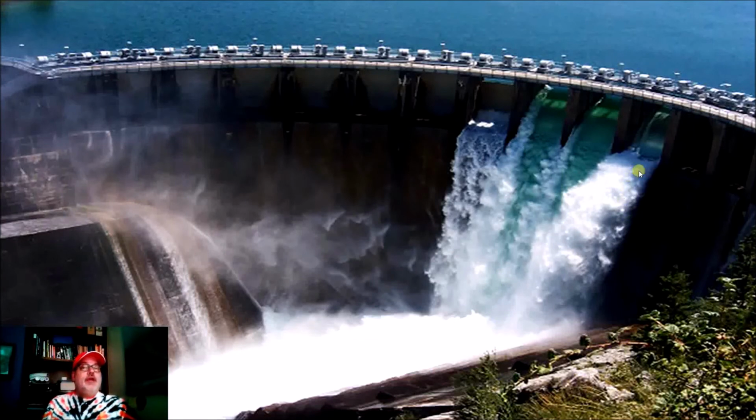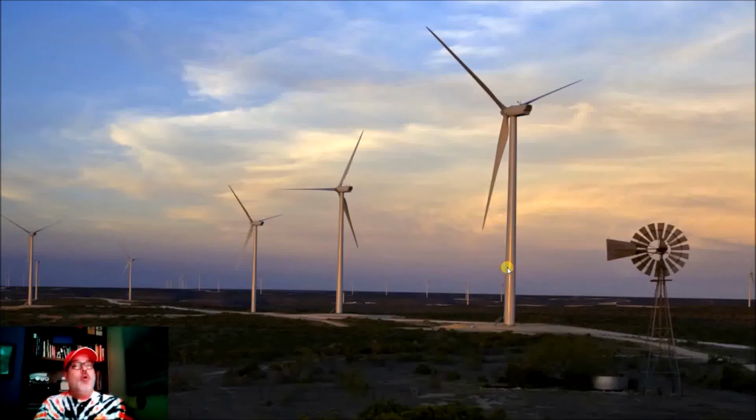Or we could build a big lake and then have the water flow down, turn a turbine, which turns magnets and wires past each other, which generates electricity. Or we could have wind turn a turbine, and then that rotates magnets past loops of wires, and we generate electricity. You notice it's all the same, right?